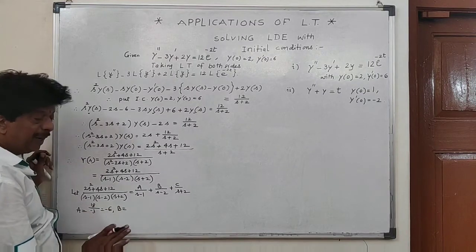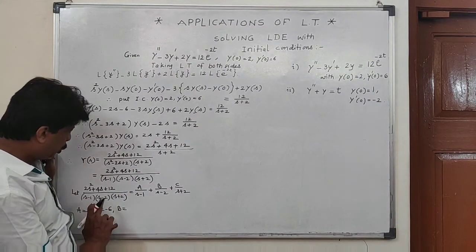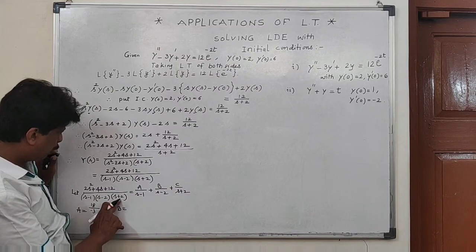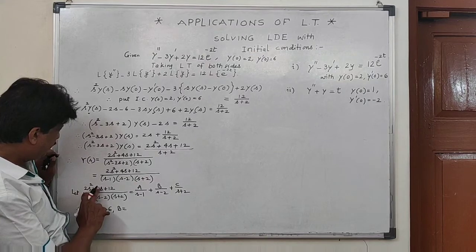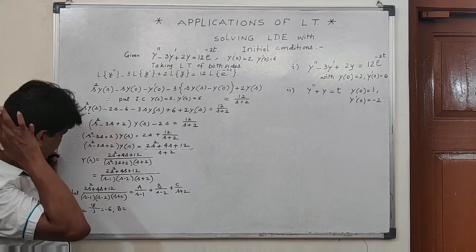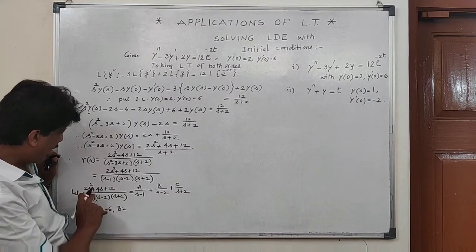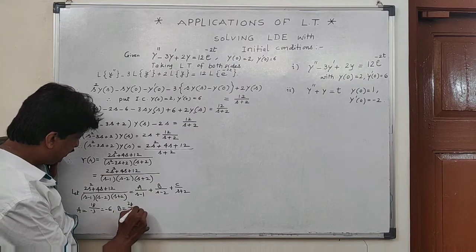Similarly for b, limit s tends to 2 of this. Upto 2 minus 1 is 1, 2 plus 2 is 4. 4 twos are 8, plus 8, plus 12, 16 plus 12 is 28, divided by 4 is 7.